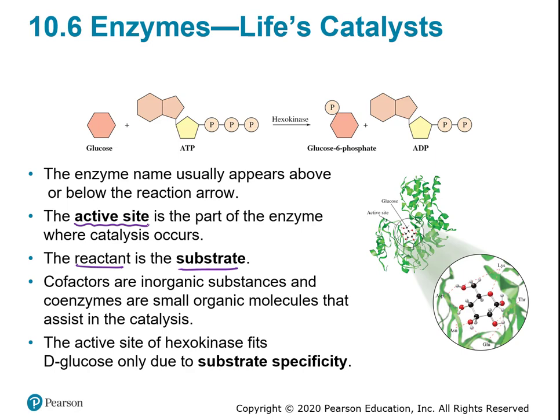Enzymes can speed up reactions 1,000,000 times faster than if you didn't have the enzyme alone. So this was really critical for us to become super complex people. Living organisms that have more than one cell have to have enzymes so that we can respond to changes in our environment and maintain homeostasis.